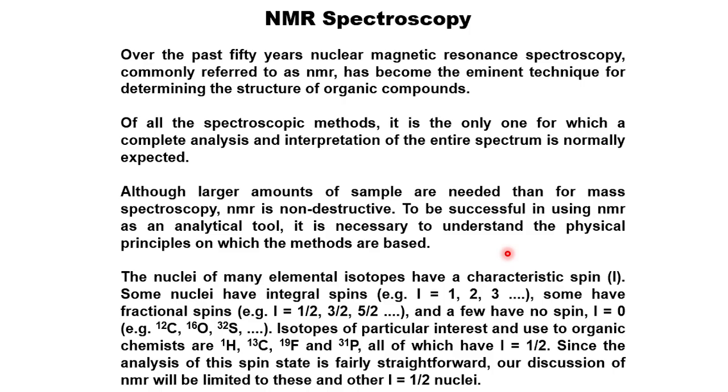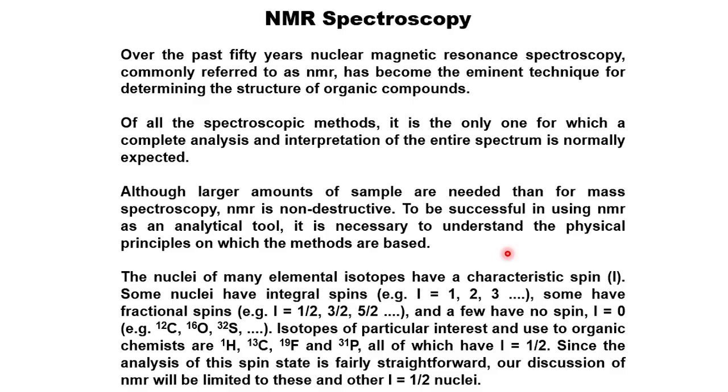Now, the nuclei of many elemental isotopes have a characteristic spin. We have already discussed electronic spin. Now there is also nuclear spin. Some nuclei have integral spin, for example, if I, that is nuclear spin, equals 1 to 3. Some have fractional spin. I will discuss when it will be integral and when it will be fractional.